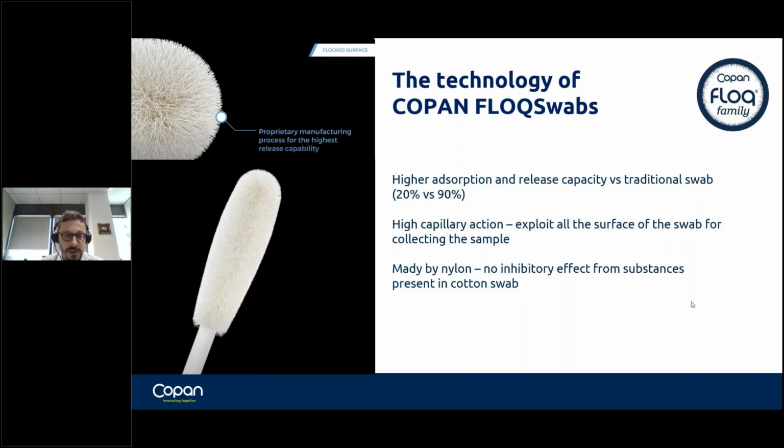And this is very important, especially if we talk about microbiology and bacteria viability, because it doesn't contain any kind of substances that can have inhibitory effects, like the ones normally present in cotton swabs. Cotton swabs are normally bleached during production to make them white, and traces of chloride substances may remain on the swab, and that actually has a detrimental effect on the viability of the sample.